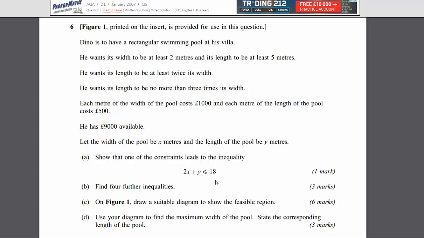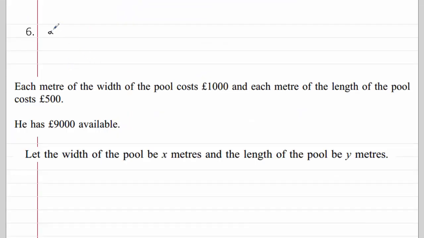But for this part, you may be able to spot that this inequality is going to come from the constraint to do with the cost. So the information that will be relevant for part A is this part about the cost, and also the information about our decision variables. So x is the width of the pool and y is the length of the pool. If each metre of the width of the pool costs £1,000, that means we would do 1,000 multiplied by x to find the total cost depending on the width.